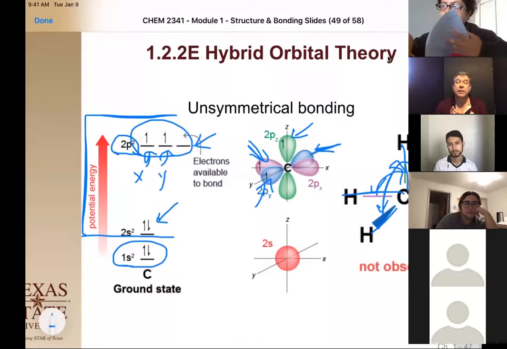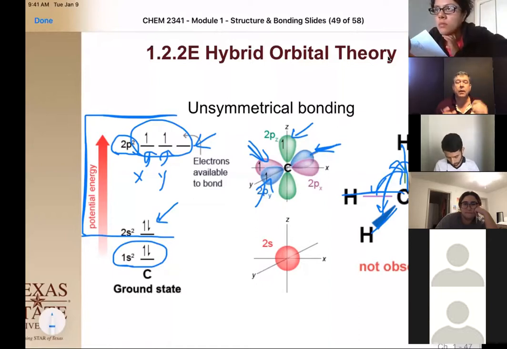We do not see that structure. We would have something more pyramidal or trigonal. It would not fit this. So what's happening? What do we have to do to make this actually fit that tetrahedral structure we're expecting with the orbitals we have available?